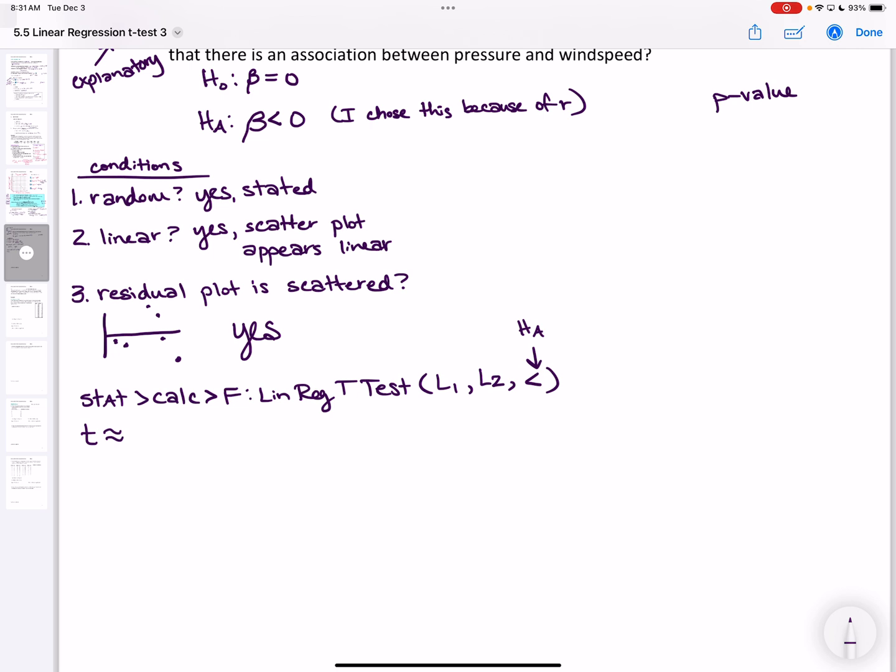No, not calc. Test. I'm sorry. Oh, you left that part out. Stat, not calc. Stat test. Sorry. We calculated the linear regression a while ago. I know, I went to go find it. You're like, it's not there. Let me give you a shout out. I like that you're right with me and paying such good attention.